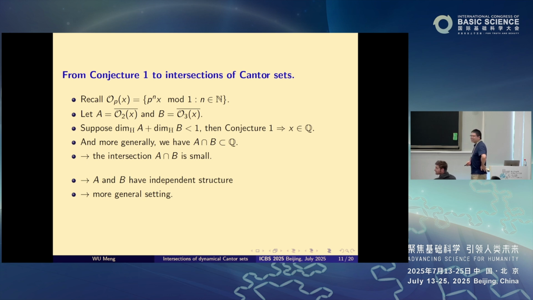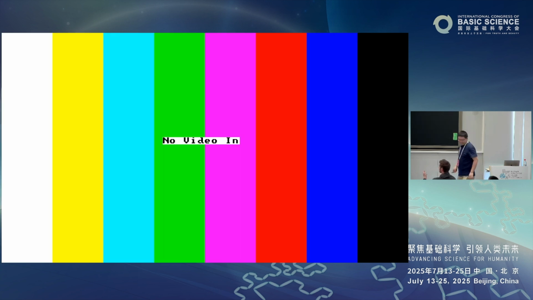Suppose the dimension of A is strictly less than 1.